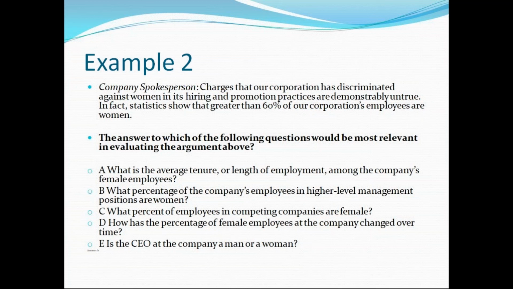Because if I find out that no women are managers, they all occupy low-down positions, and all the men are managers and high-level managers, then that undermines their view that they're not discriminating against women. Do you get me? Yeah.